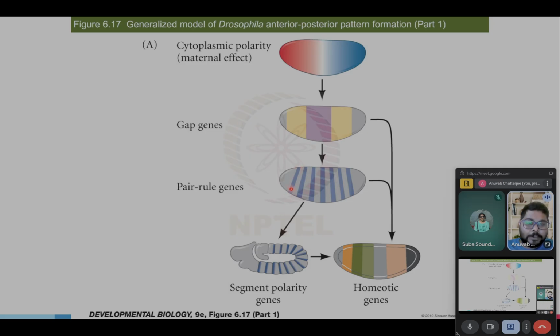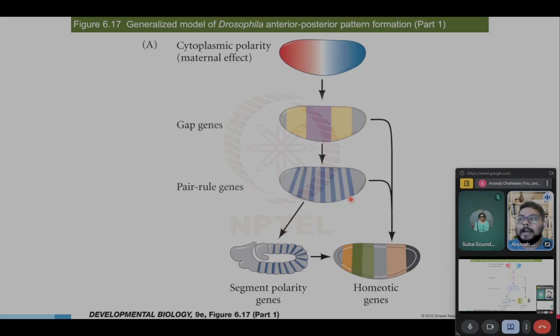This is the same gene which is expressed as a stripe throughout the embryo, and these stripes are actually the parasegments which will help determine different parts of the final adult fly. And these pair rule genes again help in the formation of another set of genes which are known as the segment polarity genes. So once the parasegments are determined, so Drosophila has a segmented body plan.